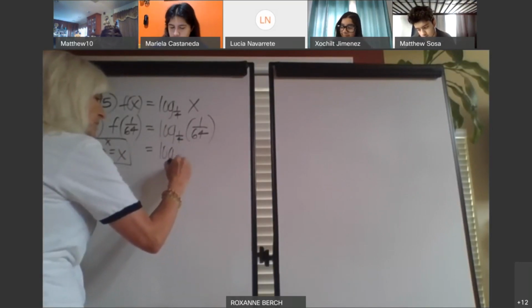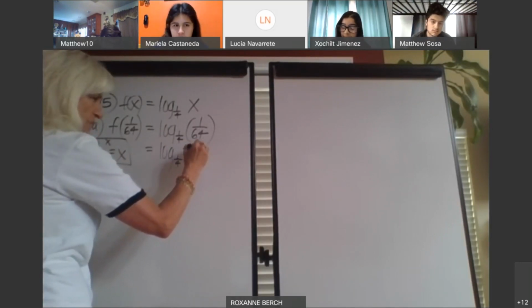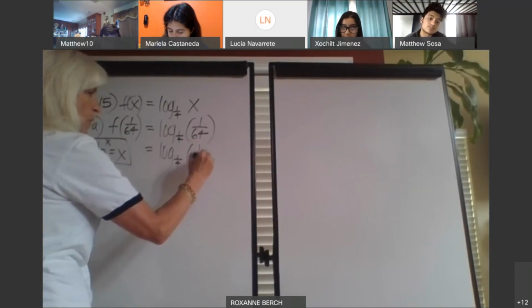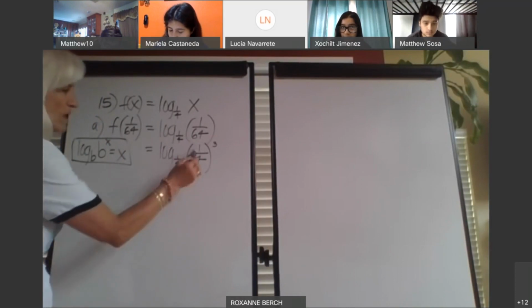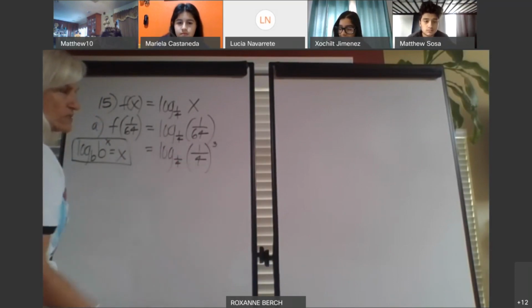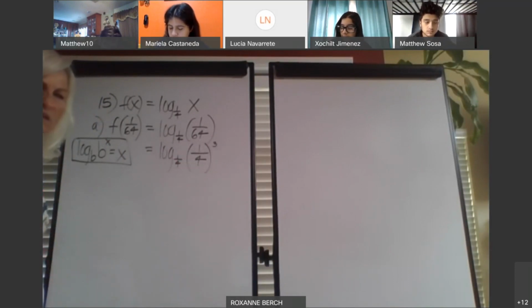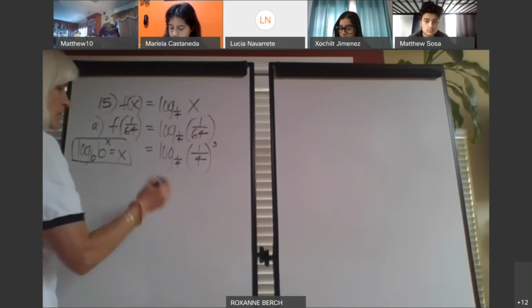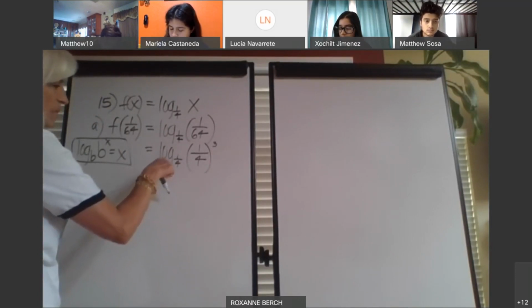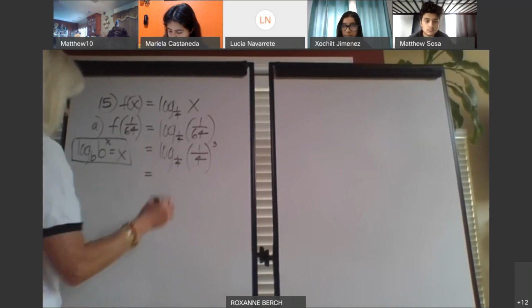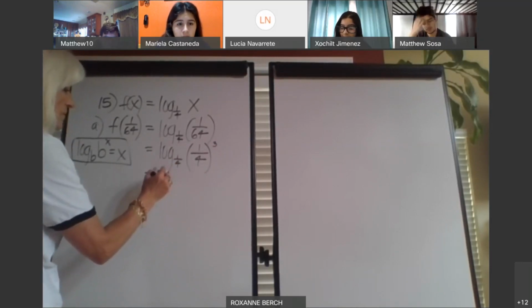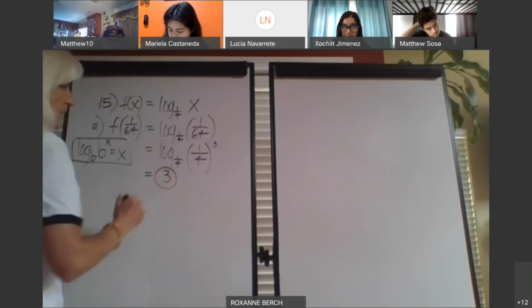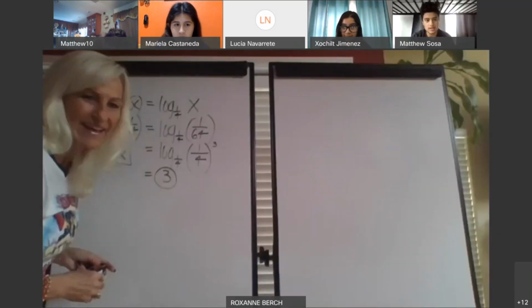So isn't 1/64 equal to 1/4 to the third power? Because 1 times 1 times 1 is 1, and 4 times 4 times 4 is 64. So what's log base b of b to the x? 3, because the base of the logarithm cancels the 1/4.